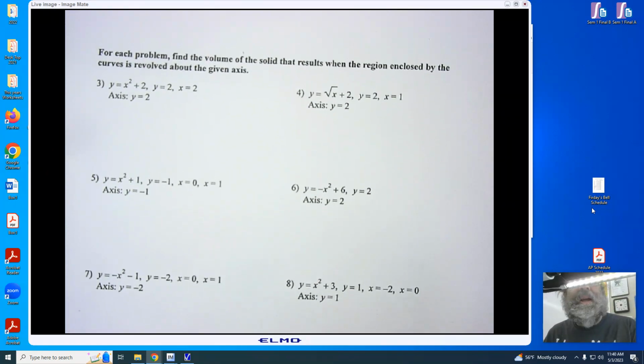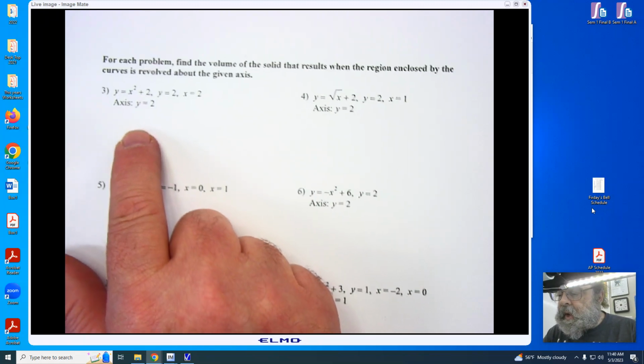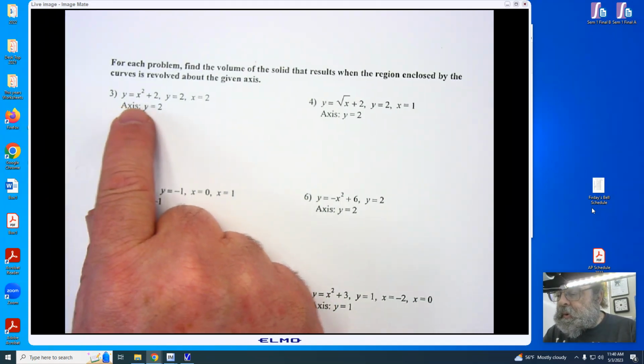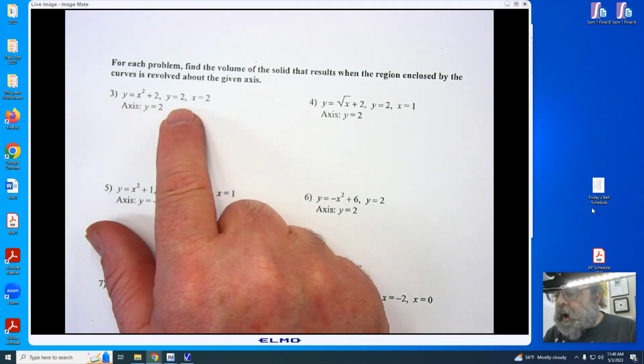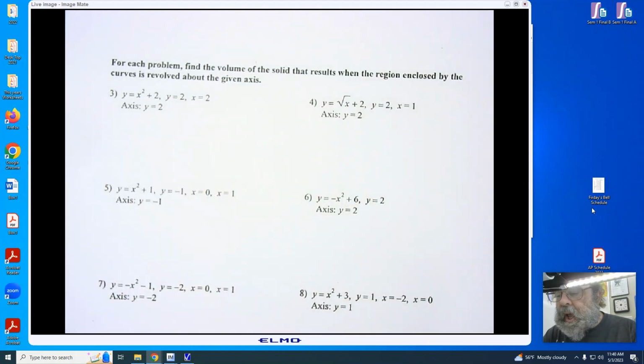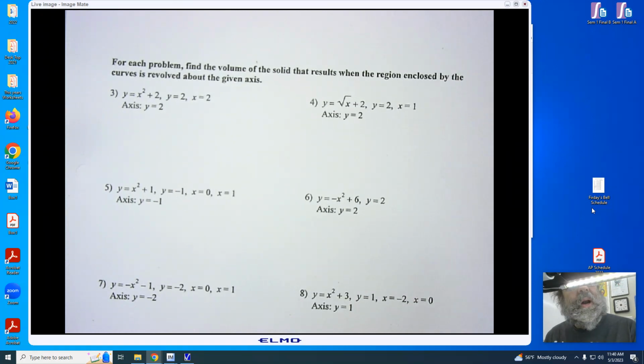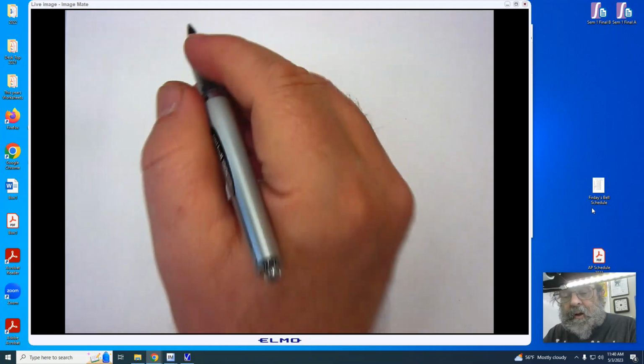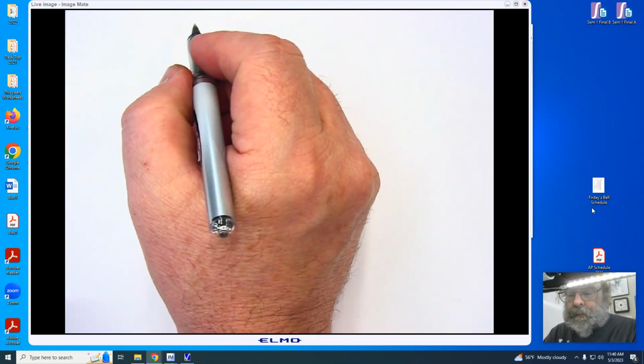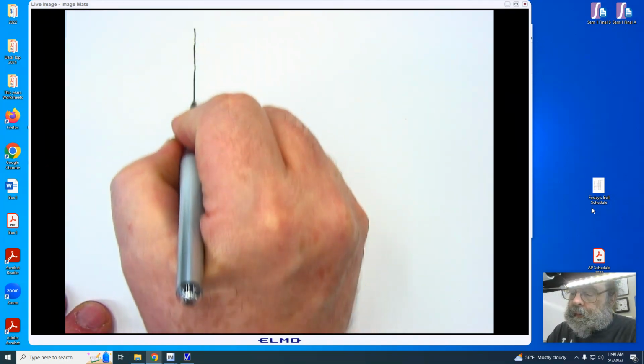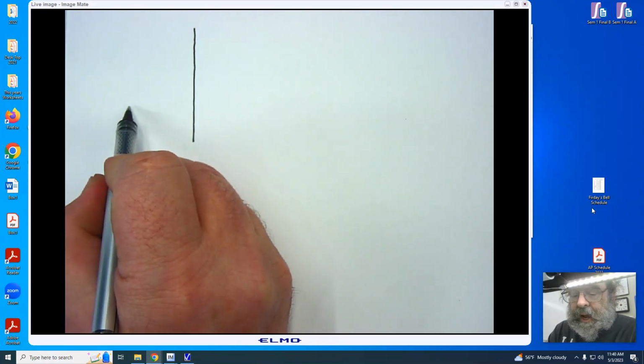We're going to be taking a look at number 3 here. We're going to be drawing y equals x squared plus 2, y equals 2, x equals 2, and the axis of rotation is currently y equals 2. So we're going to graph this right now. I'm going to start off by drawing a general axis.